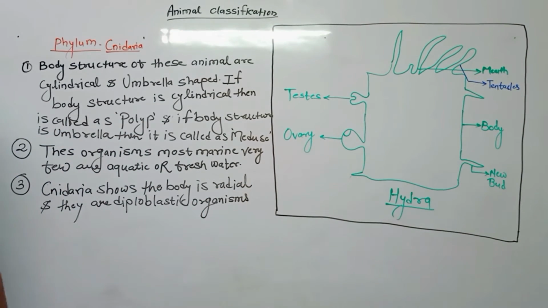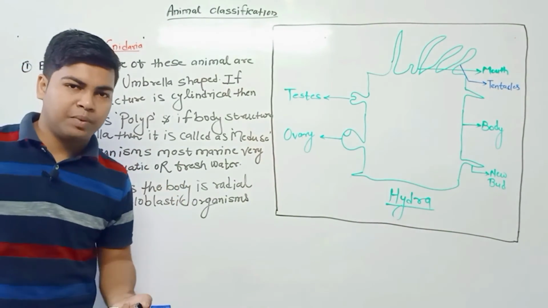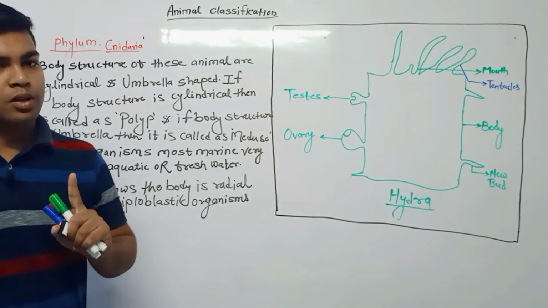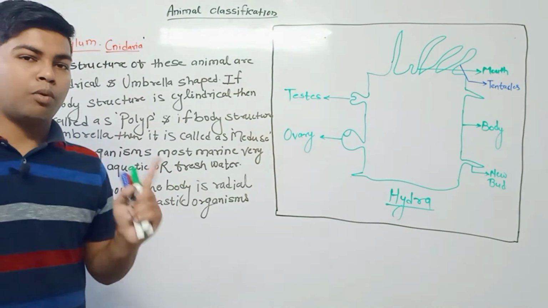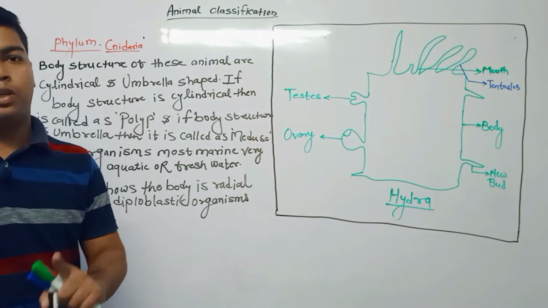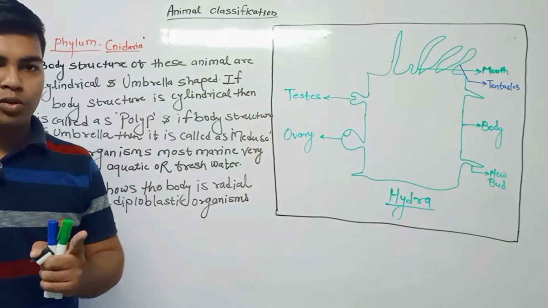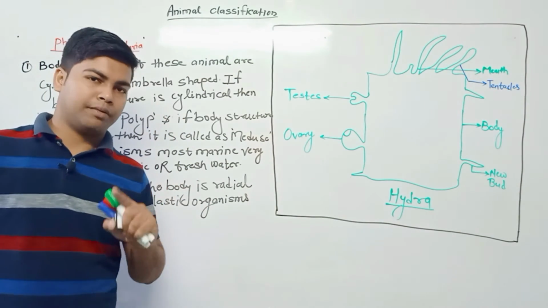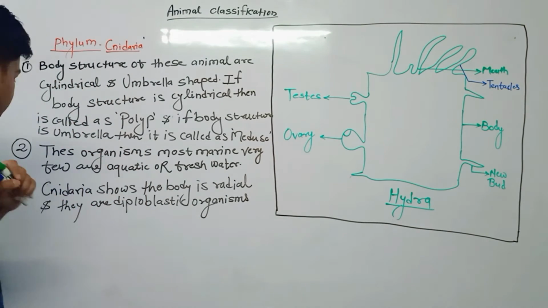Now, what is radial symmetry and what is diploblastic organisms? If you want to know this, you can watch our videos on body symmetry and germ layers. In the germ layers we have discussed what is diploblastic, and we also have a separate video on radial symmetry. So you can watch those videos.